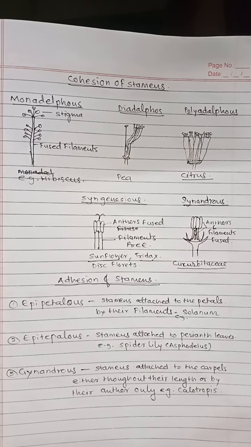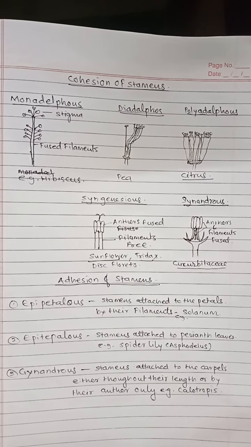Then synandrous condition. In this case, all the stamens, having anthers as well as filaments, are fused together throughout their whole length.